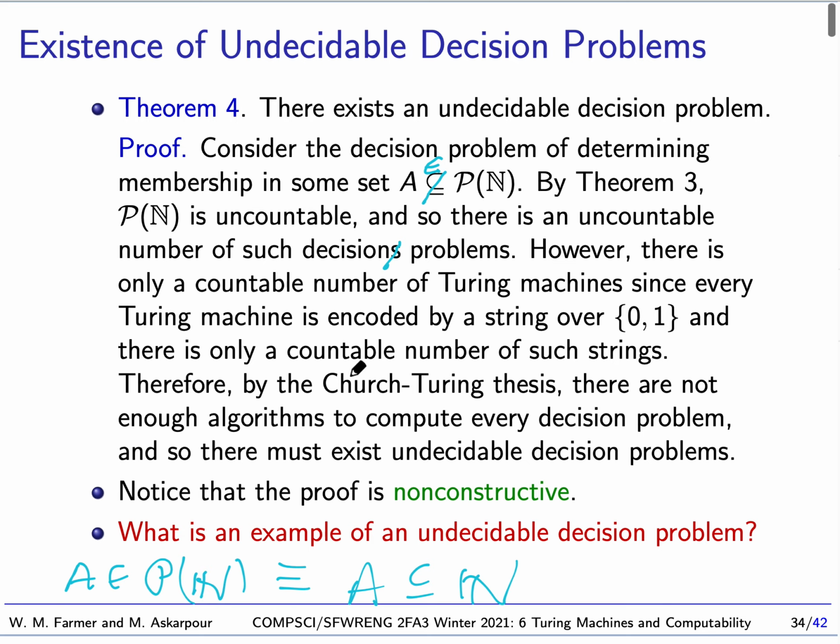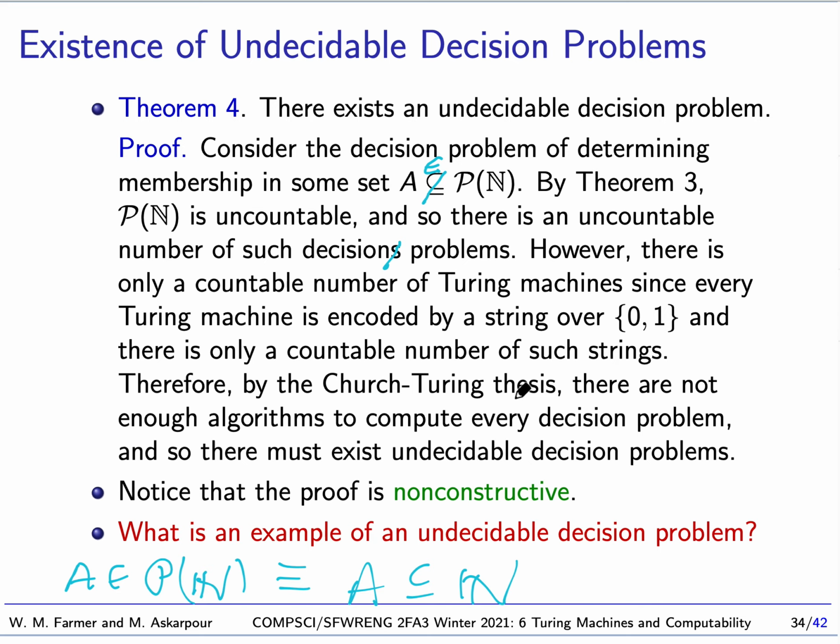Therefore, if we are going to come up with a way of deciding membership in these sets, there's only going to be a countable number of Turing machines we can use, by the Church-Turing thesis, which says basically every algorithm that we have can be implemented as a Turing machine. So we have only a countable number of algorithms, but an uncountable number of decision problems of this form. Therefore, there must be some undecidable decision problems.